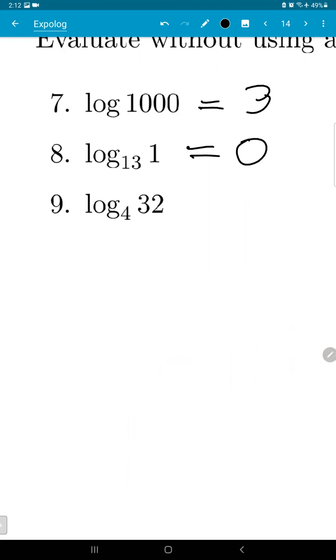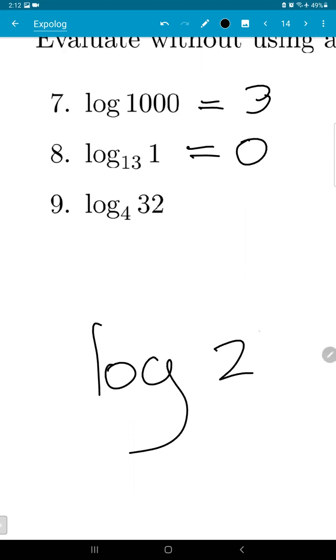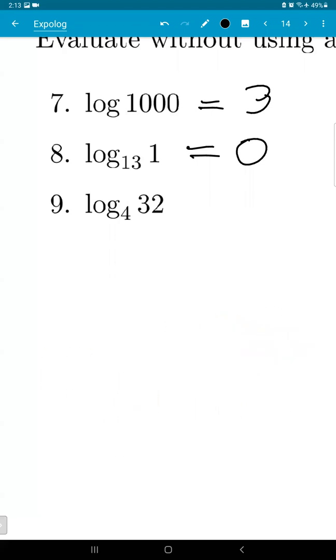What is logarithm of 243 base 3? Correct. At least now you understand what logarithms mean. So how about number 9?